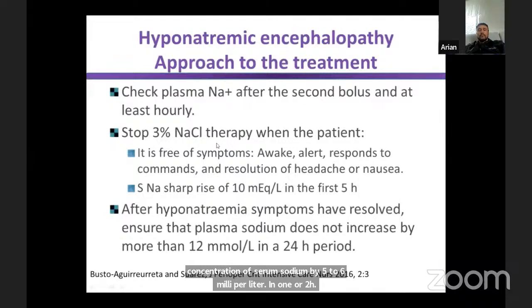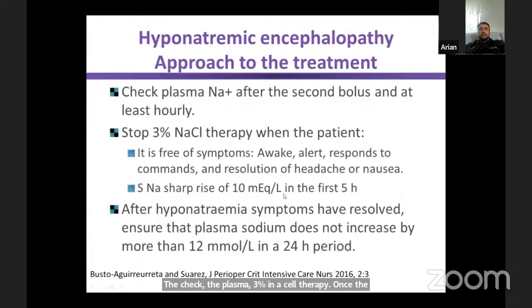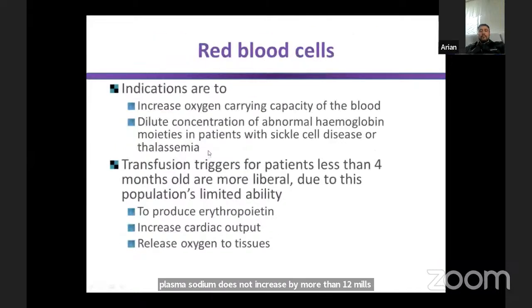Stop 3% NaCl therapy once the child is free of symptoms, awake, alert, responsive to commands, and there is a resolution of headache or nausea. And the serum sodium, there's a sharp rise, 10 milliequivalent per liter in first 5 hours. After hyponatremia symptoms have resolved, ensure that the plasma sodium does not increase by more than 12 millimoles per liter, because otherwise it will cause pontine myelinolysis.